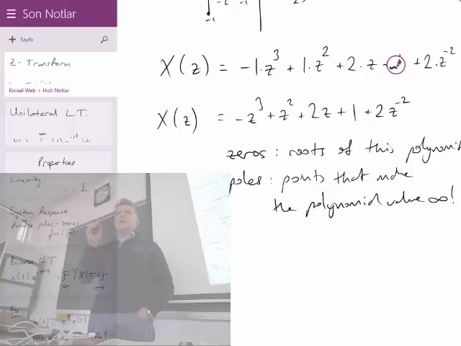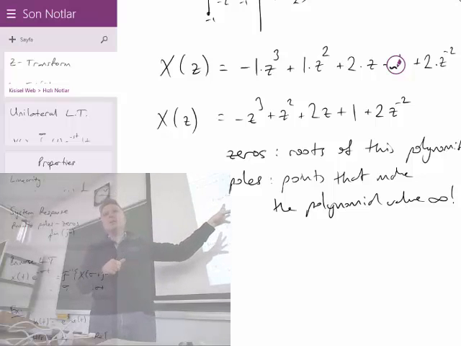Do you remember that if you convolve two signals, you multiply their Fourier transforms, or you multiply their Laplace transforms in continuous time? Now, the same property holds here. If you convolve two signals, then you multiply their z transforms. That's also a property, and an easy one.